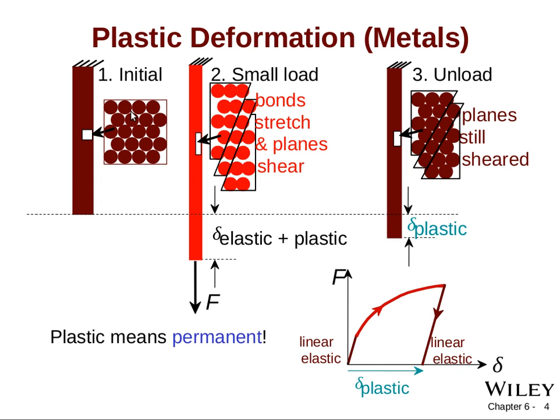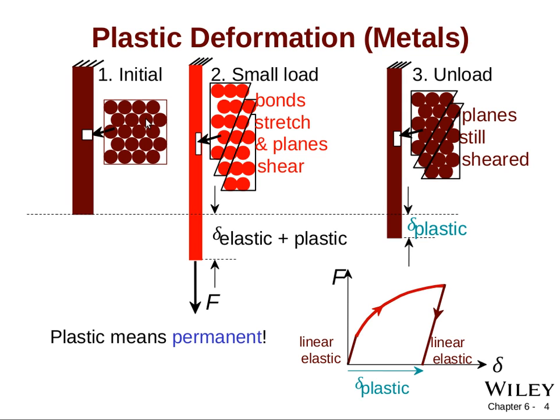Plastic deformation, on the other hand, is permanent. It's not reversible. If we take the same sample and deform it beyond the limit of elastic deformation, then some bonds, say the bond of this atom with this atom here, will break.